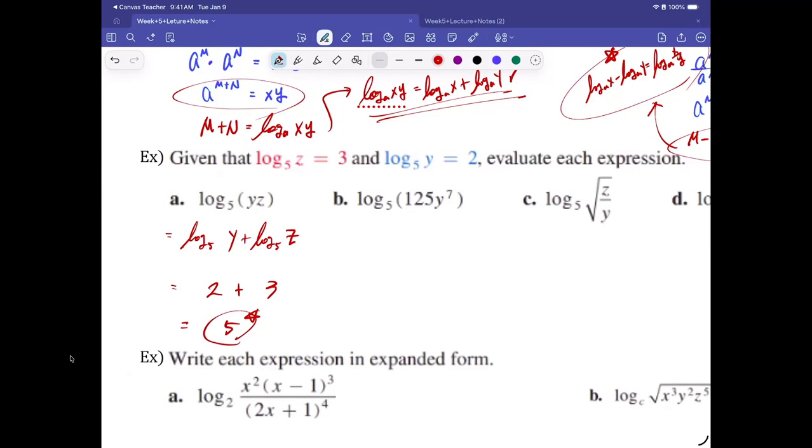What about 125 times y to the 7th power? 125 and y to the 7 are two separate parts. We can do the addition, and then we can play with the exponent. 125 is 5 cubed.